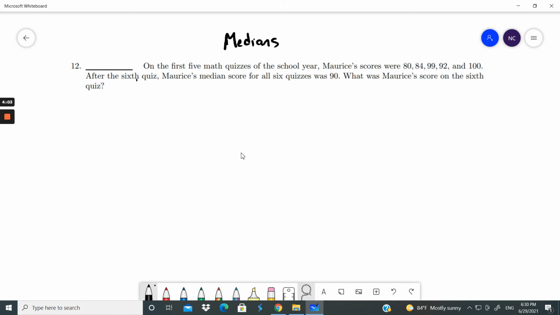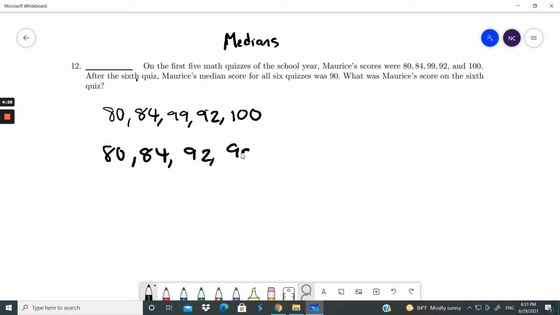We have 80, 84, 99, 92, and 100. The first step we always want to do is make sure these numbers are in increasing numerical order, and it's not. So we redo it and say 80, 84, 92, 99, and 100.